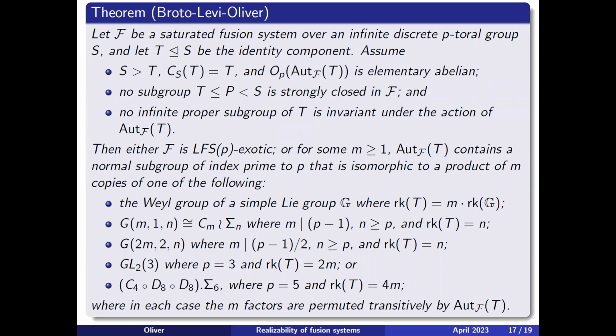That form is isomorphic to a product of copies of one of the things on this list. I'll say a little more on the next slide, but this list comes from certain automizers that appear in finite groups of Lie type. Okay, so that's the form of the main theorem we want.